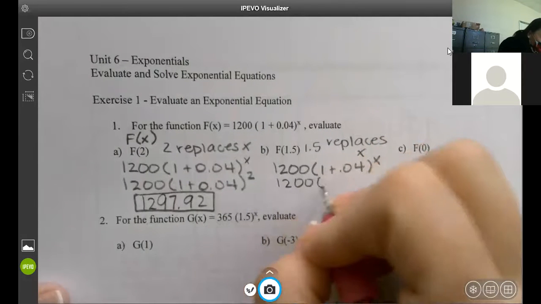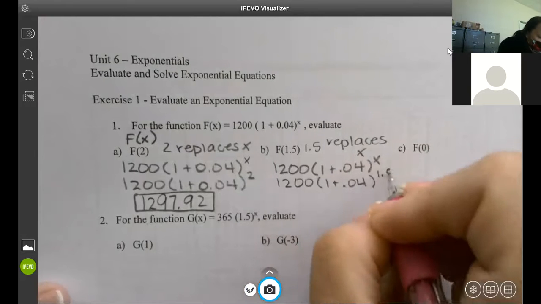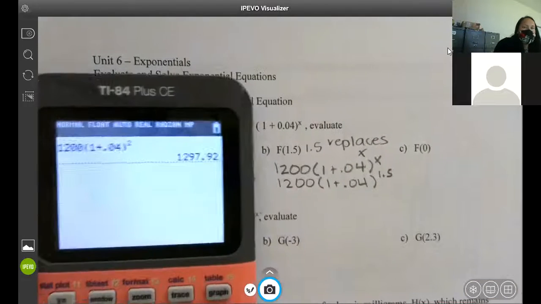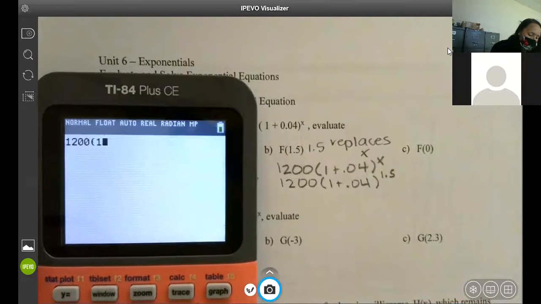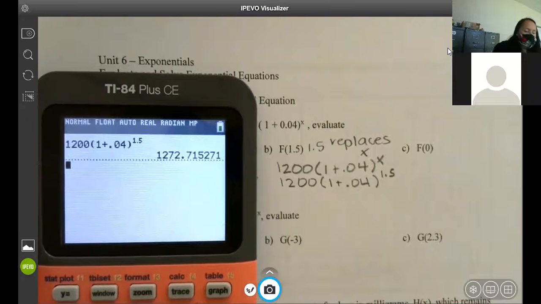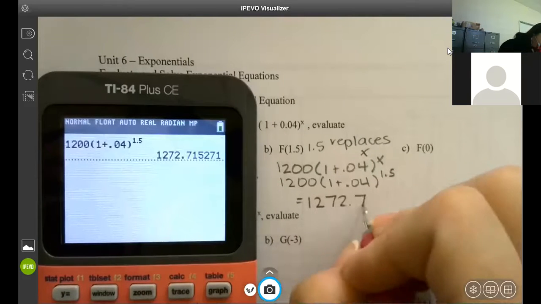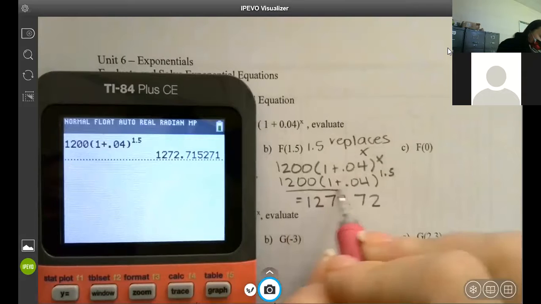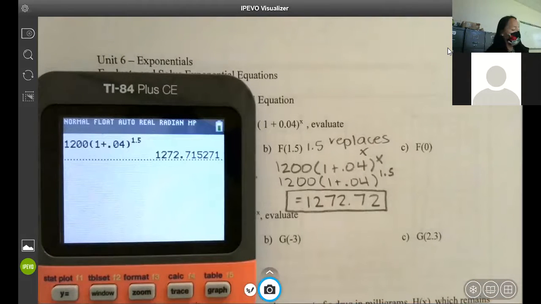So we're going to write it again, 1 plus 0.04 to the 1.5. We'll put it in our calculator. And we get 1272 point, I'm going to round it to 72. That's it. Nothing crazy.